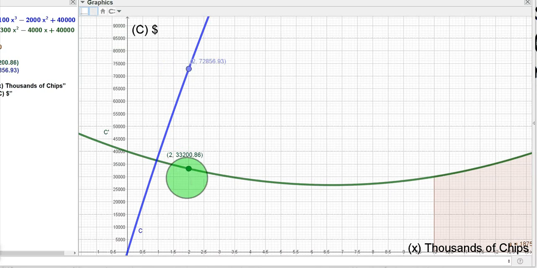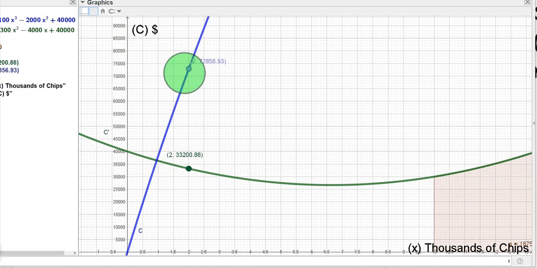So what marginal cost means, in this case 33,200, is that at a particular point in time, for every increase in 1,000 computer chips, it's costing you $33,200. Again, if you divide that, you get around $33 per chip. So each increase in chip at that particular time is around 33.